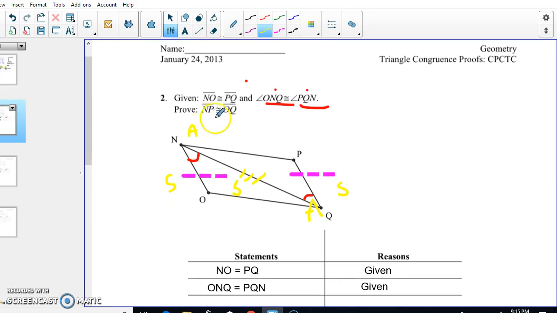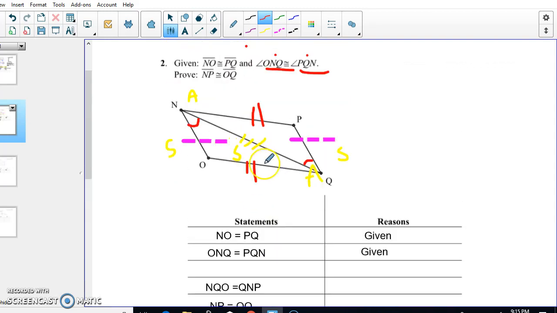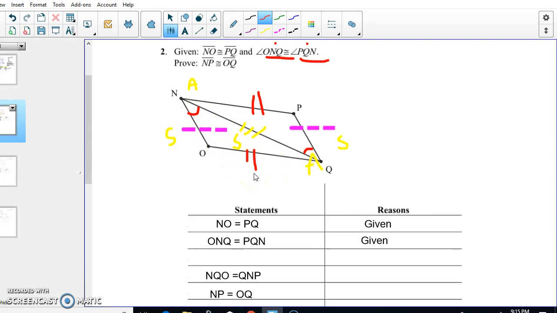Now that I'm showing them congruent by SAS, I can get to the point where side NP, across from my red angle, is congruent to the side in this triangle across from my red angle, OQ. Okay, I hope we're starting to see how that makes sense, that those are going to be congruent because their angles are congruent. Okay, just with the angle legs, think about the angle legs. When you made that angle, there was only one other third side you could have.